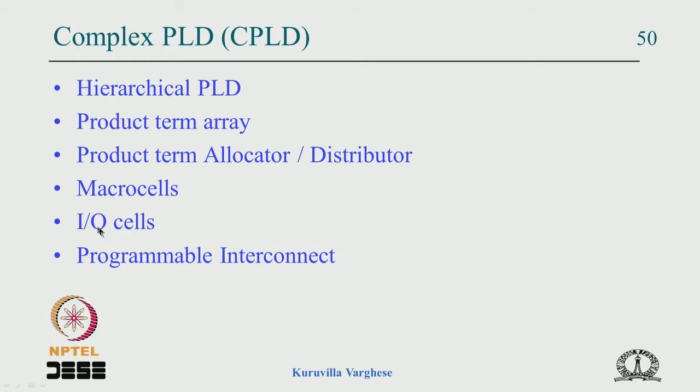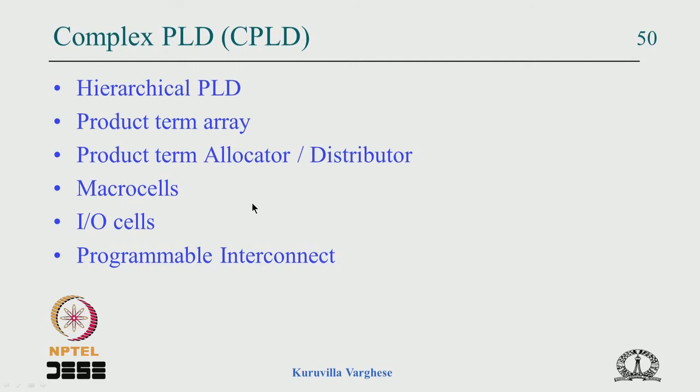Then you have the IO cell, basically, which are pins with a tri-state gate which can be used as output and input, and at the end is this programmable switch which connects the various PLD sections. Okay. So we have various PLD sections, a programmable switch to interconnect them, not only the programmable sections, the IO cells also. Within each PLD section you have the product term array, product term allocator or distributor, and macro cell.